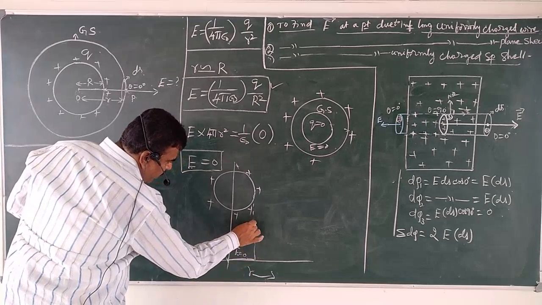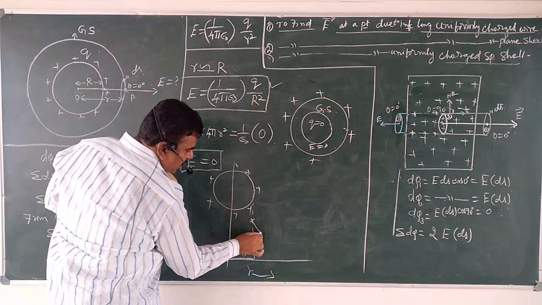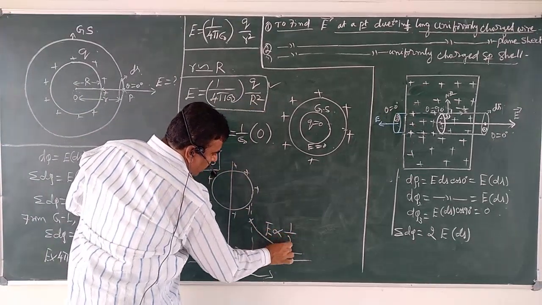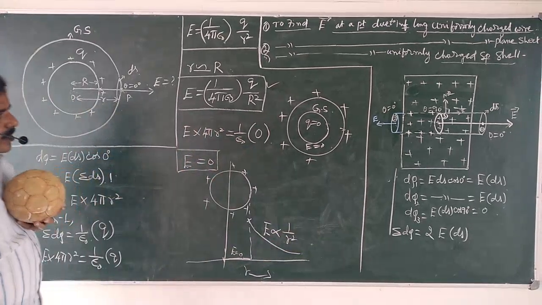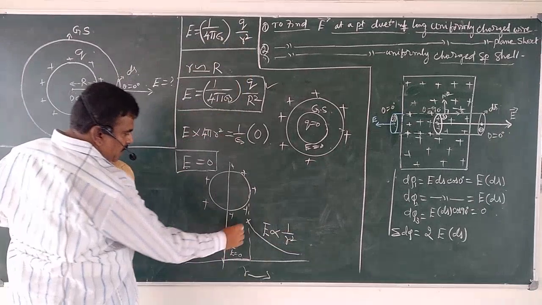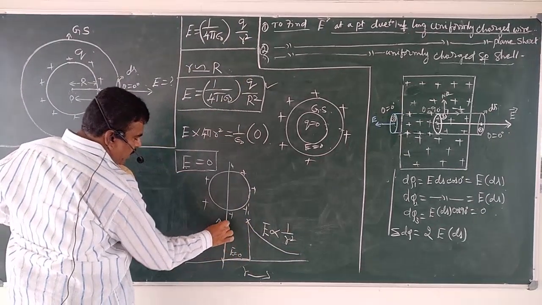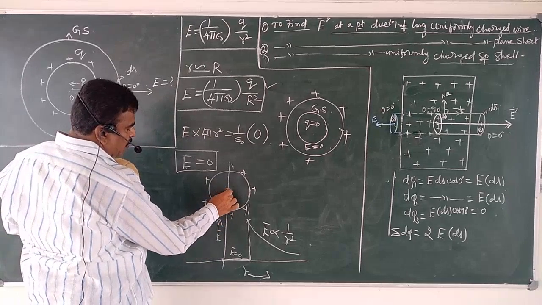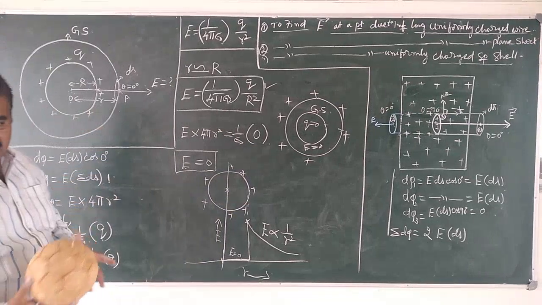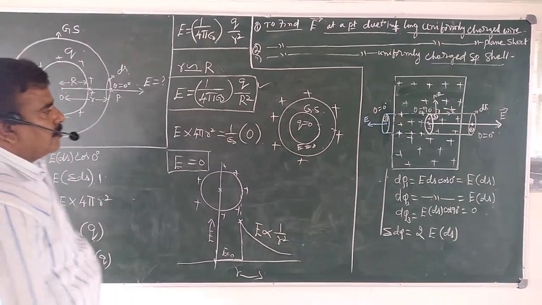At this surface it becomes maximum, this is the value, then decreases gradually, inversely as r square. This is 1 by r square. Okay? This is the graph of electric field versus the distance from the center of the charged spherical shell. I hope you clearly understand.